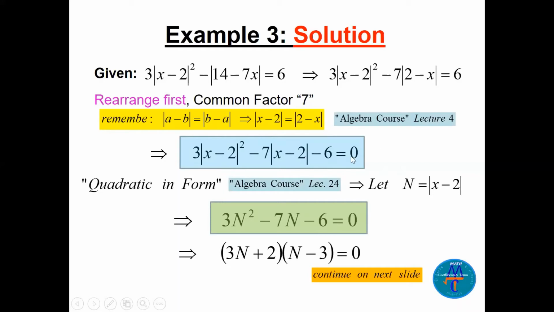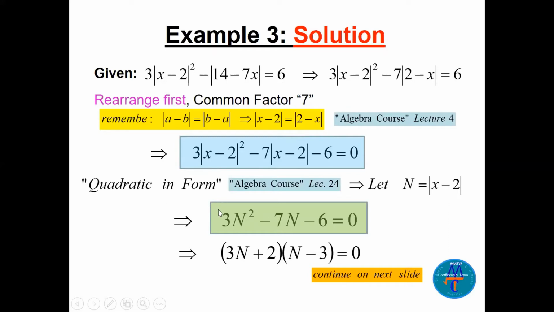And bring the 6 there. Now what do we see here? This is in the algebra course lecture 24. We have seen this one is quadratic in form, so we let capital N equal the middle here, because this is power 1, this is power 2. With the absolute value, remember, let N be the absolute value of x minus 2.